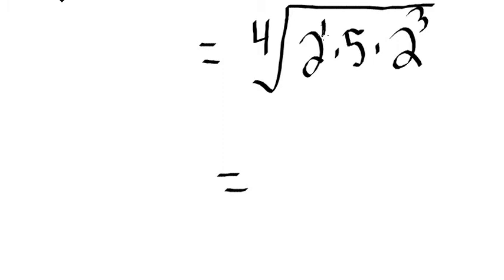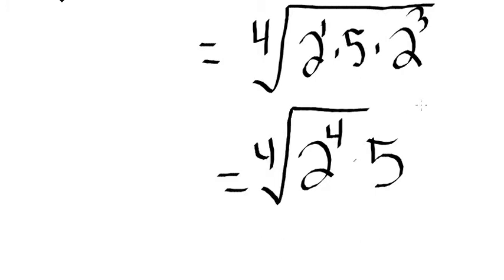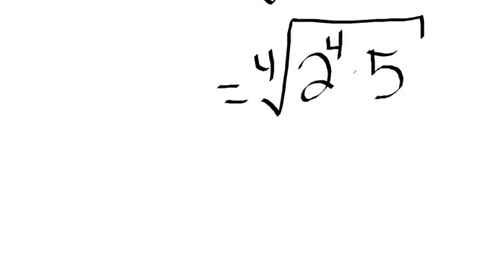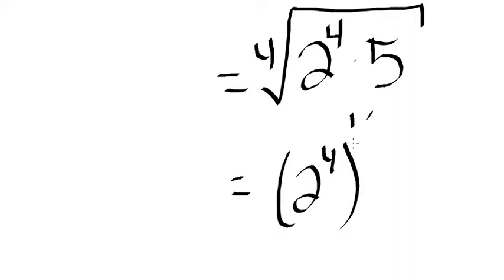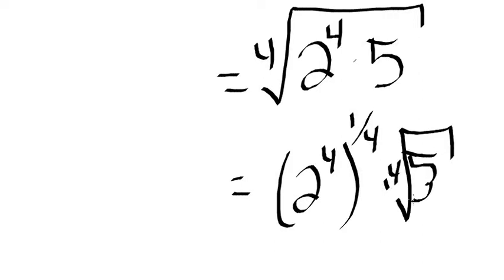We can go ahead and join these together, so this becomes 2 to the 4th times 5. Let's go ahead and convert this part here to exponential form. Times 5. We'll go ahead and keep that as the square root of 5.